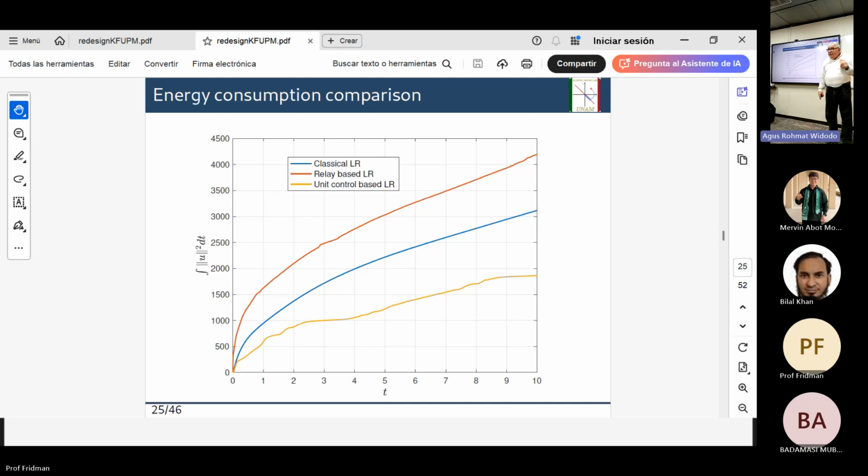The yellow line, if we are using unit control, and the similar will be this relay, you will use much less energy because you are able to compensate the known part. That's number one, let's say, advantage to see the story from the viewpoint of sliding.